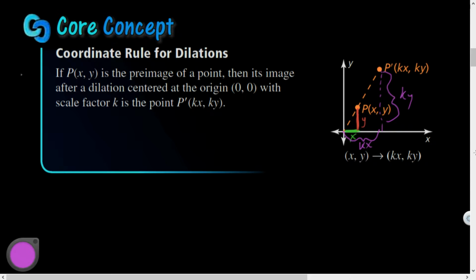So the diagonal is going to be k times larger, as well as the horizontal and vertical components for their coordinates. Interesting results, perhaps predictable. Did you guys see that coming? Yes, maybe so.